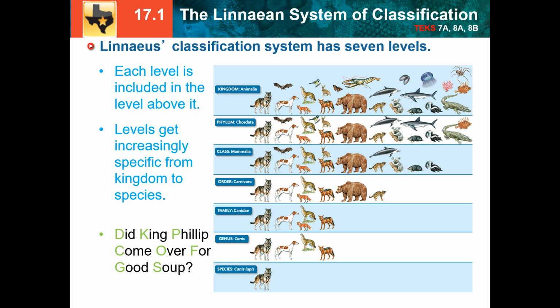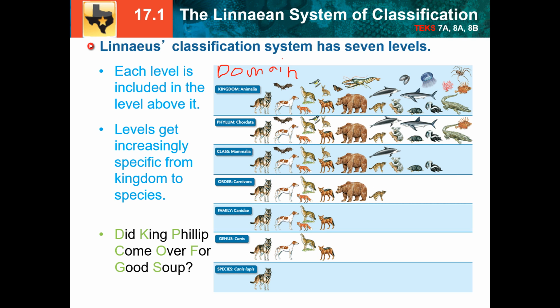All right. As promised, these were the 7 different levels of Linnaeus' classification system. It's not in here, but further on in the chapter, the word domain is a level above kingdom. So just keep that in mind. But technically, for Linnaeus, he just started at kingdom being the highest.